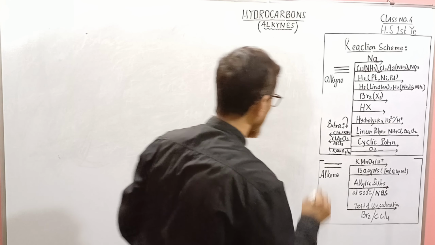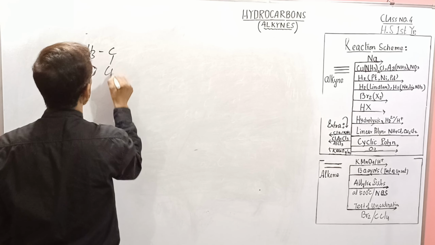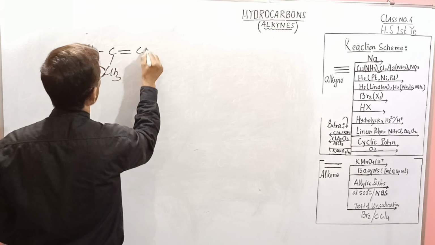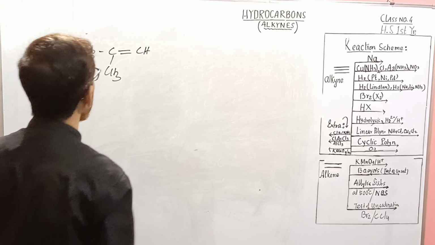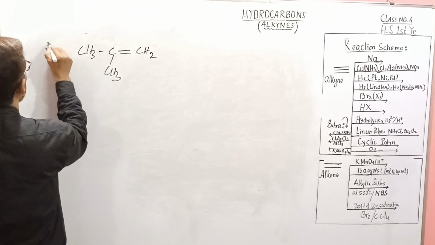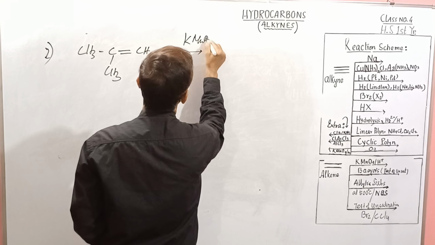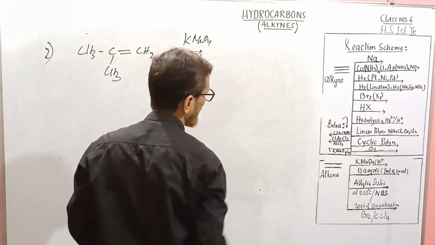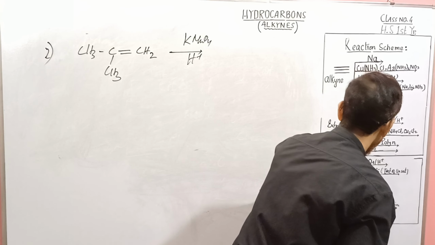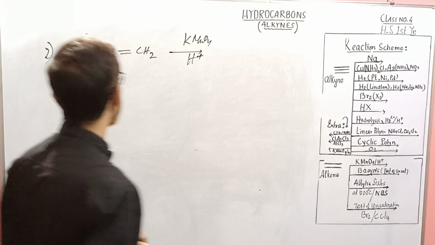Very easily I am showing you a reaction of the type CH3 double bond, with KMnO4 and H plus.